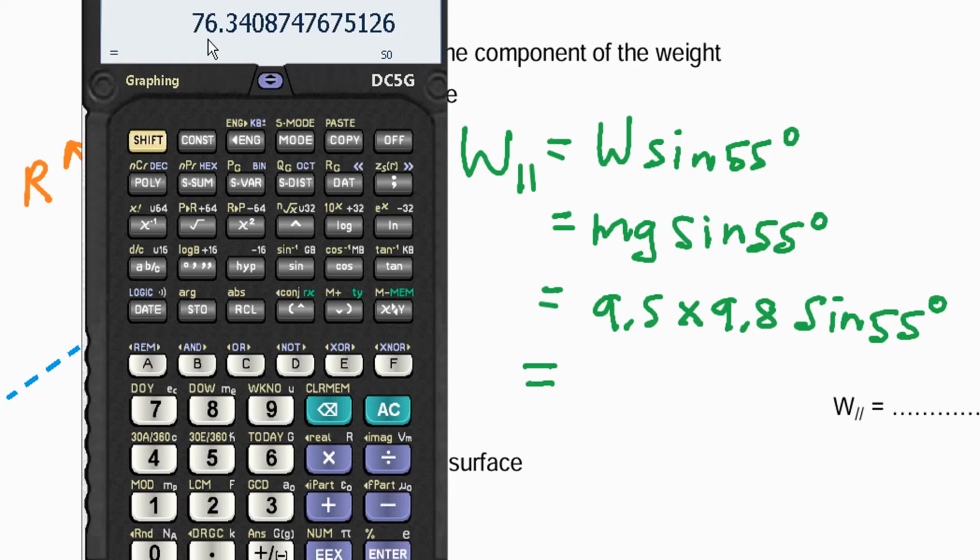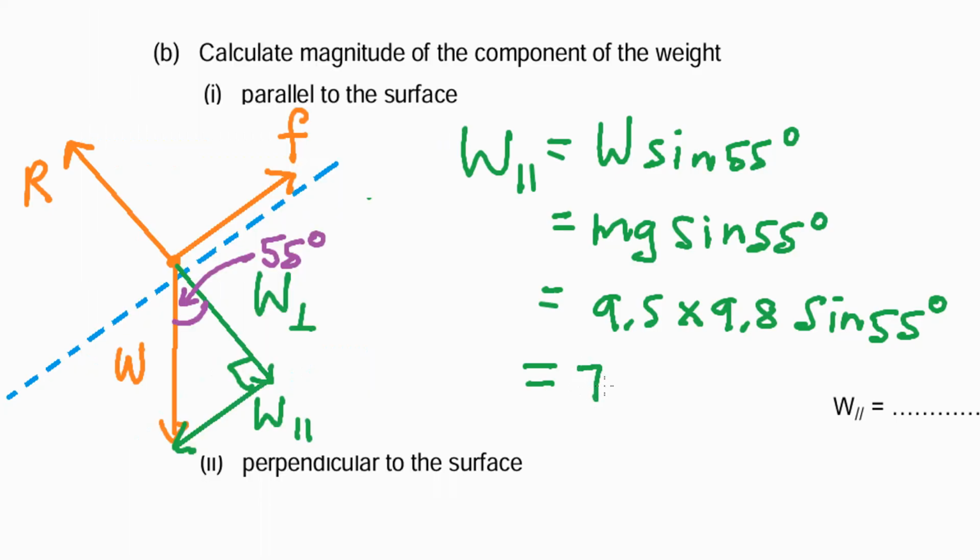And we get an answer of 76.3. So 76.3 newtons. The least number of significant figures that we used in this calculation are 2. So we can give our answer to 2 significant figures. So 76 newtons. Then in B2, we have to find the component of the weight perpendicular to the surface.